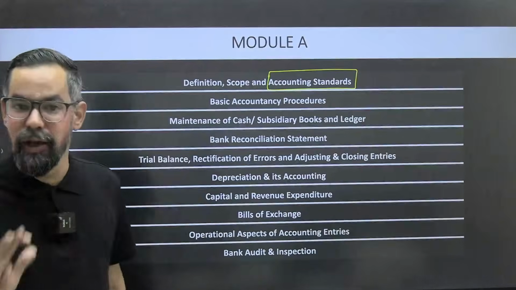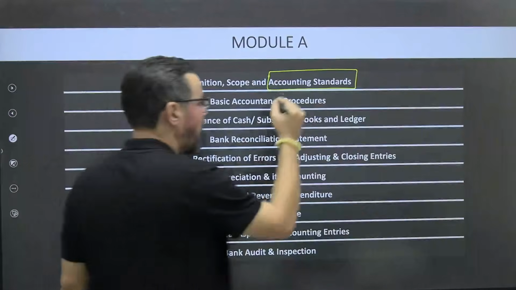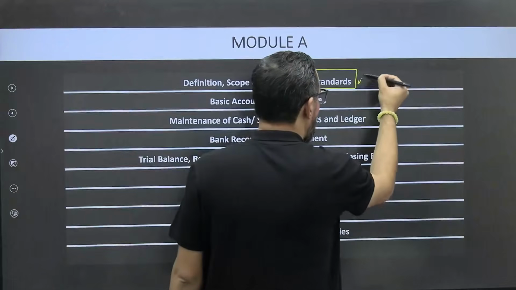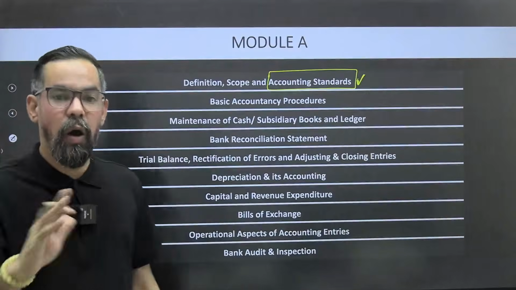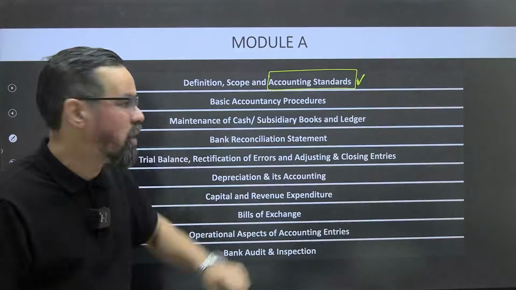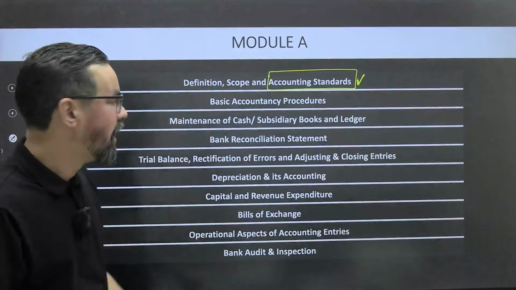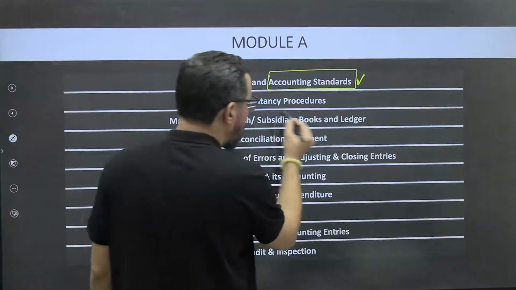They are generally part of this one. Most of the time, we have experienced questions around the accounting standards. So 2 questions for 3 marks, or on an average 2 to 3 marks of questions based on this particular unit. The next unit is about basic accountancy procedure.